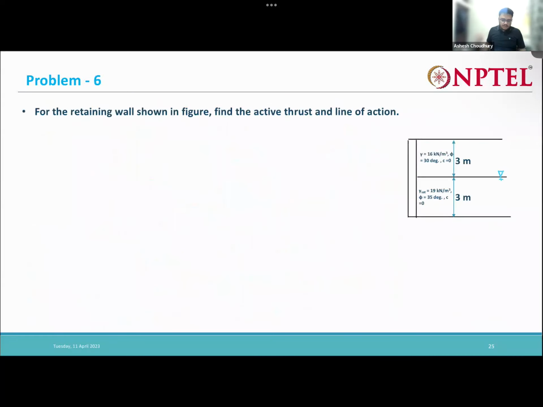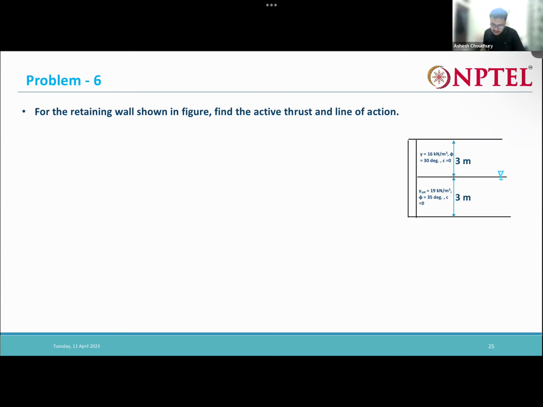Okay. So next problem. For the retaining wall shown in the figure, find the active thrust and line of action. See, this figure is given here. Two layers are there, 3 meters, 3 meters. What is the thing that is changing here?